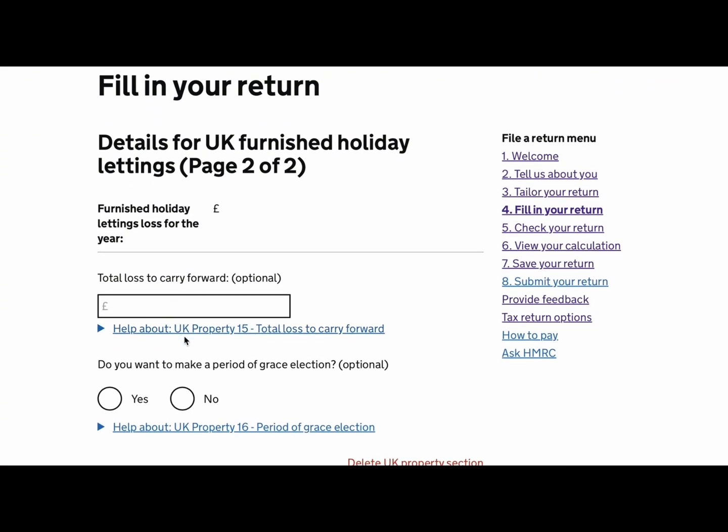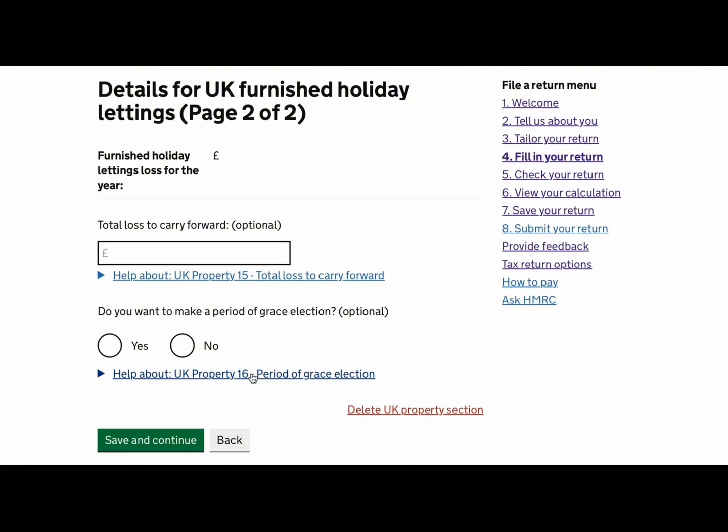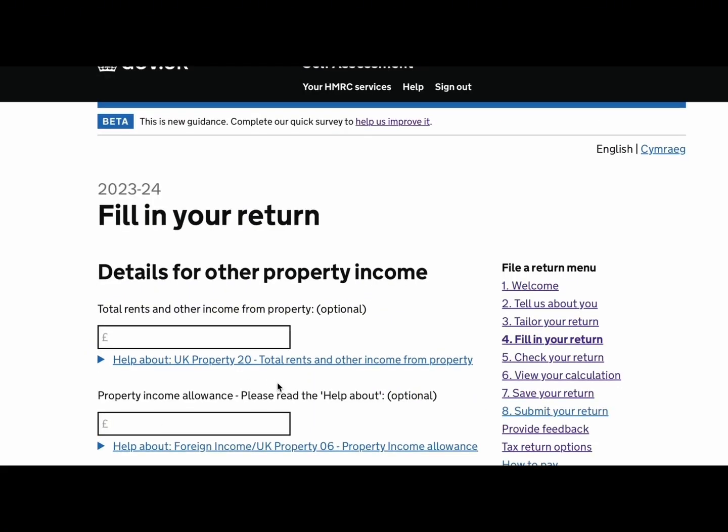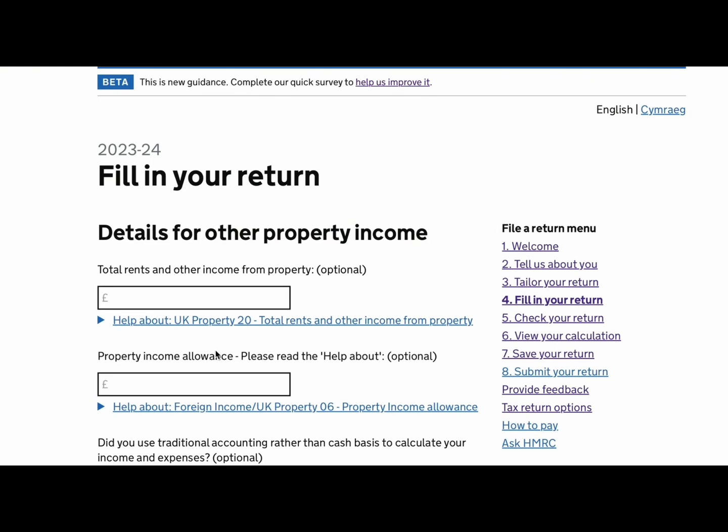Total loss to carry forward: there is no such loss as the property is profitable. The property falls under the furnished holiday lettings criteria, so there is no period of grace election for 23-24, so it is marked no. Save and continue. Now the other property income details. Total rent £46,200.